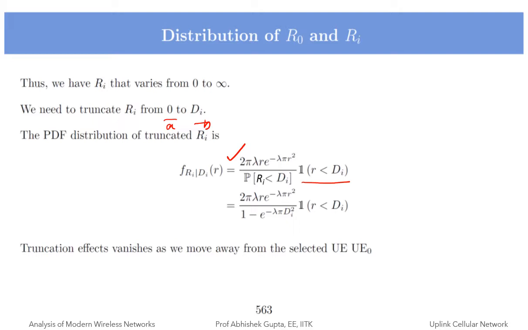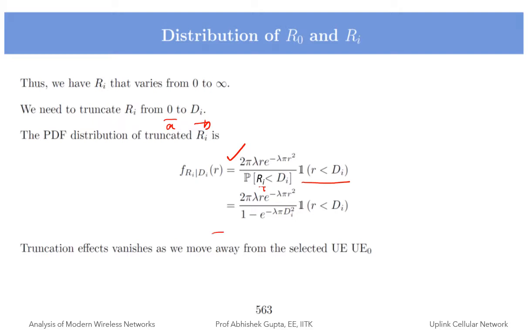And we know the distribution of the original Ri is 1 minus exponential of minus lambda pi Di squared. That is coming from the PDF of Ri.